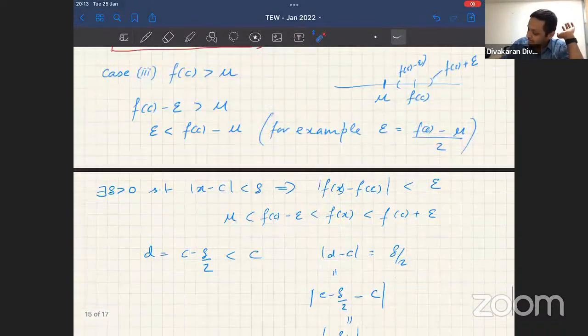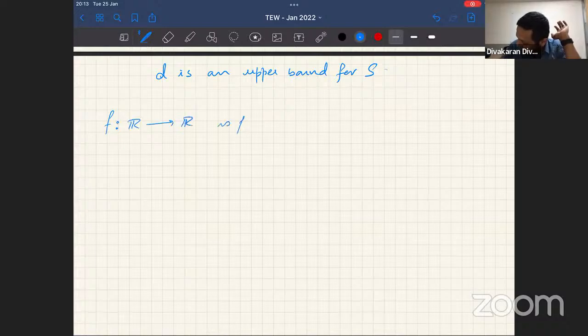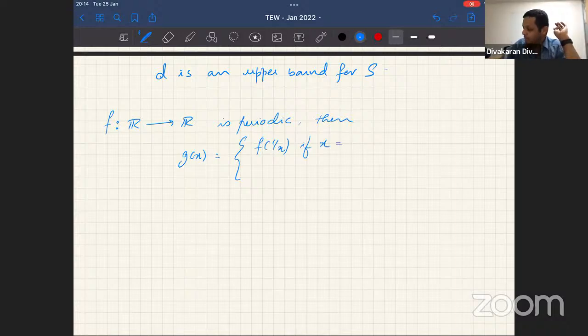Let's try to understand this. Let me write it better. f from R to R is periodic. Then g of x is equal to f of 1 by x if x is not equal to 0, and C if x is equal to 0.